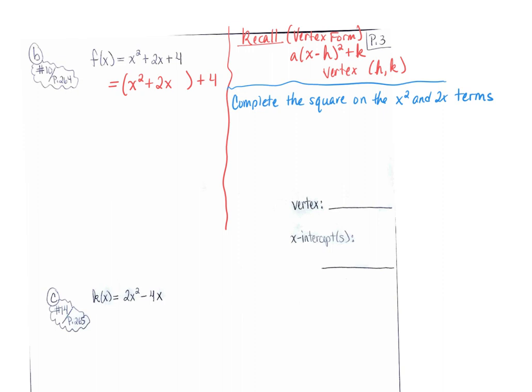Completing the square means, again, we take the coefficient of x, which is 2. Then we divide that by 2. So we take that 2, we divide it by 2. Dividing it by 2, we get what? 2 over 2 is 1. Good. So we took the coefficient of x.